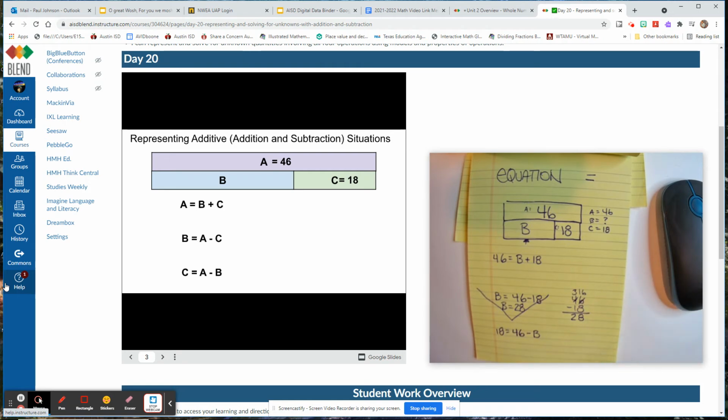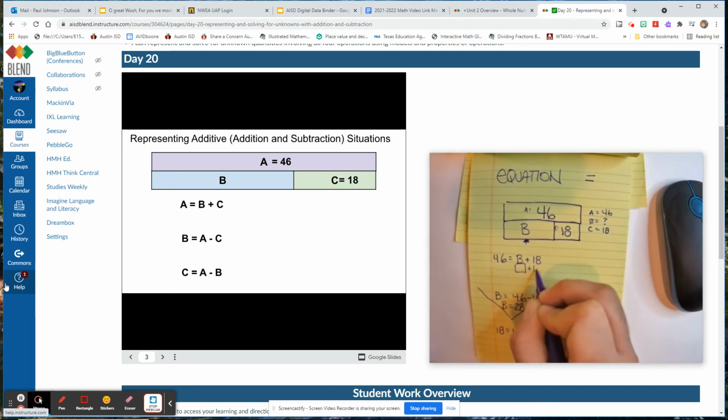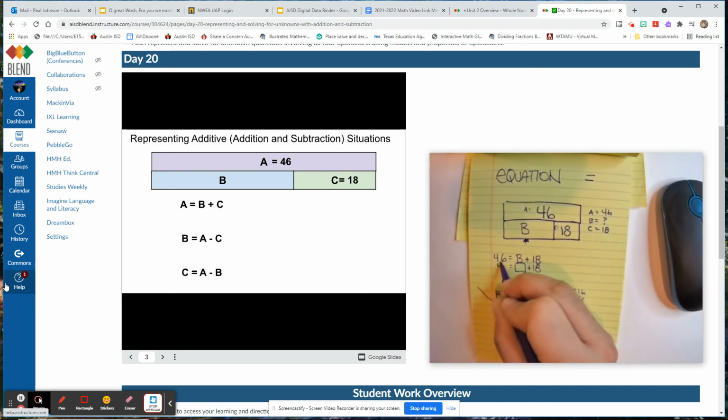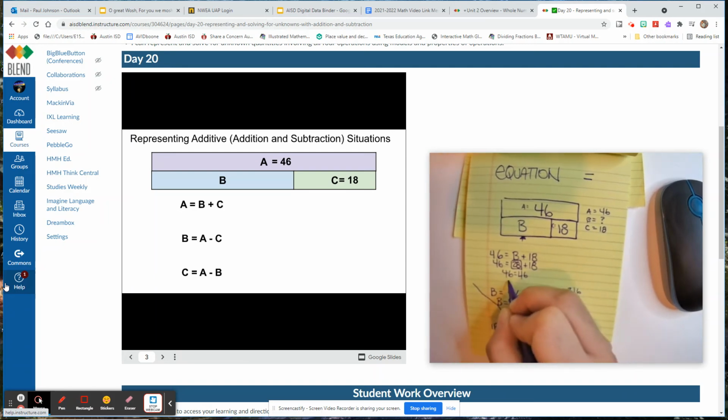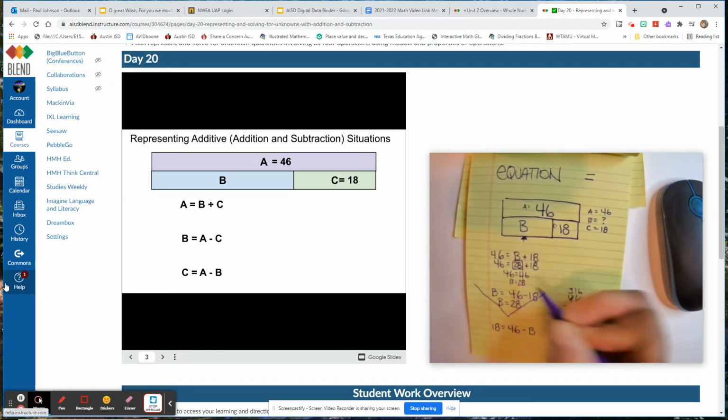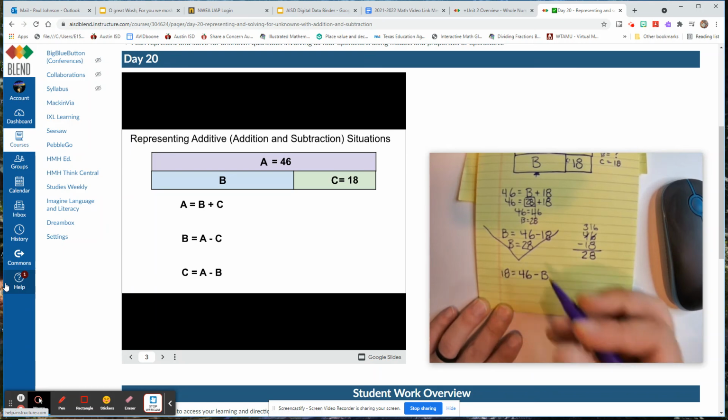So if we're looking for the missing value of B, we could use any one of these formulas. If I'm using this one, I just have to decide what plus 18 equaled 46. If I fill that in with 28, 46 does equal 46. So B equaled 28. A little extra work on this one.